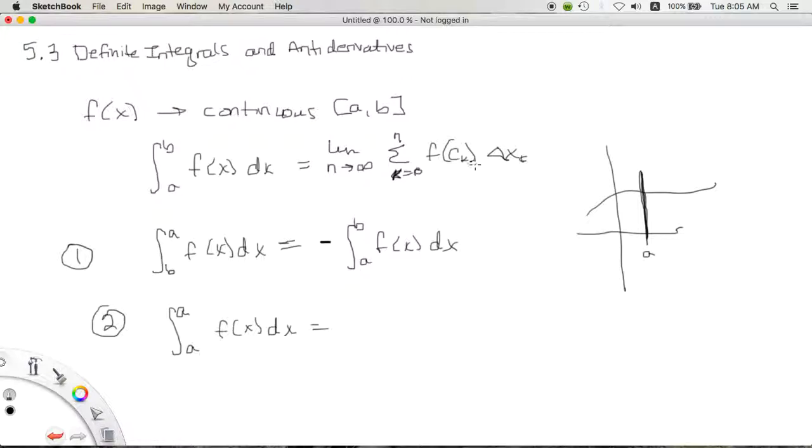So when you take the limit of this Riemann sum, the delta x is always 0, so that's 0. If your limits of integration are the same number, then the integral is always 0. That's just a definition for definite integrals.